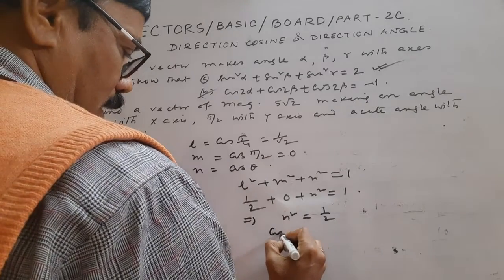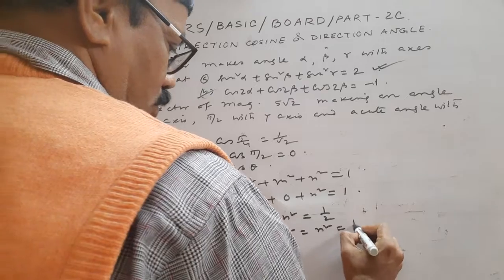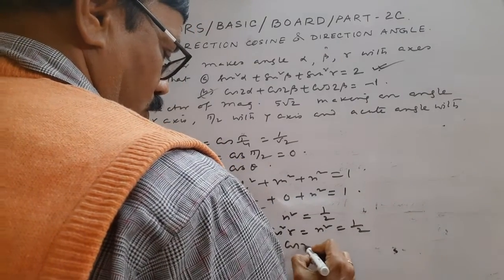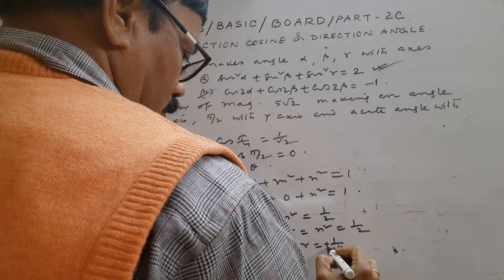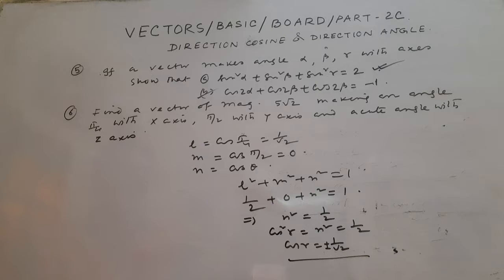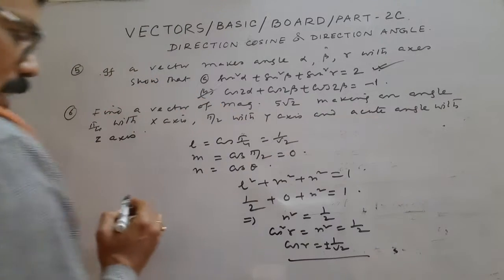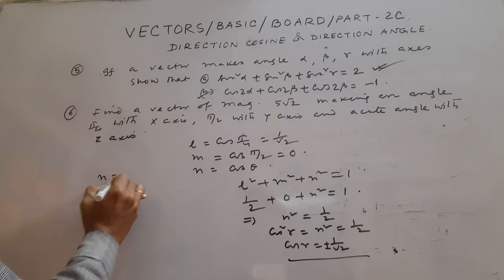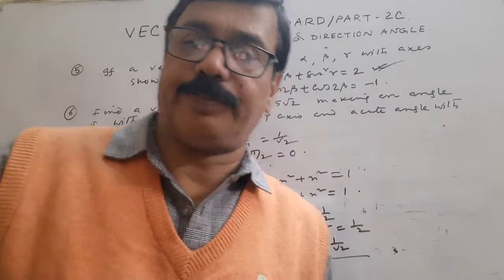So cos square gamma equals n square equals half. So cos gamma equals plus or minus 1 by root 2. Since the angle is acute, n equals 1 by root 2.